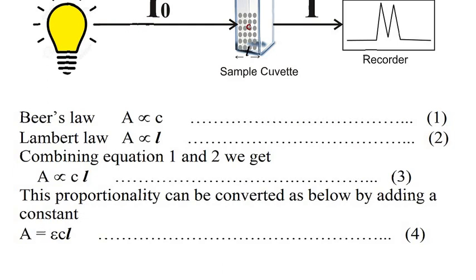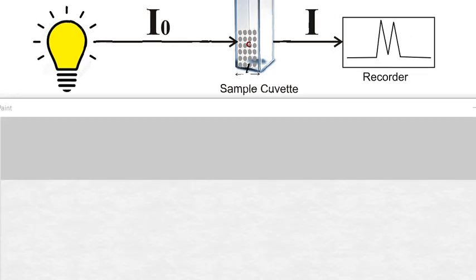On combining equation 1 and 2 we get equation 3. And equation 3 can be converted into equation 4 by adding the constant epsilon. Intensity of light is nothing but the number of photons falling on the cuvette per unit time.